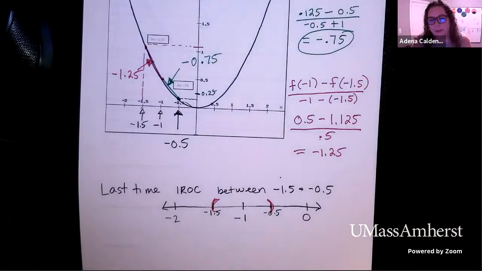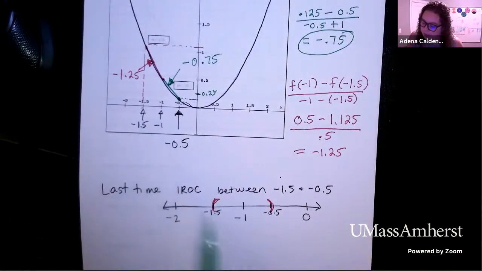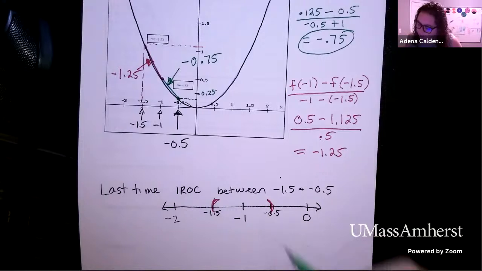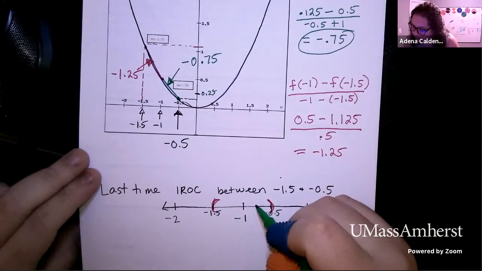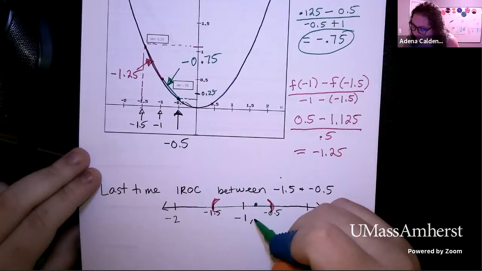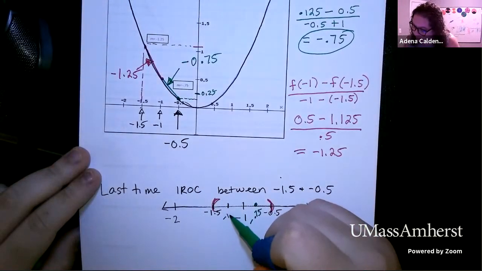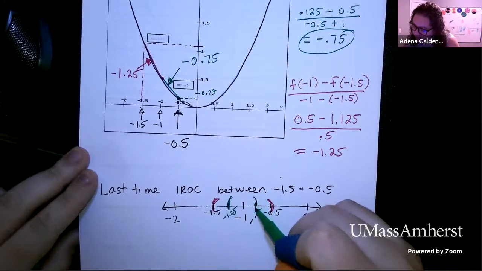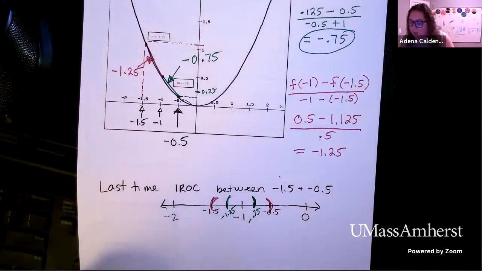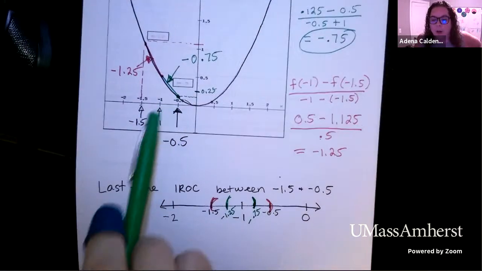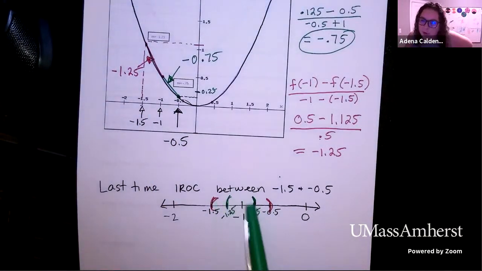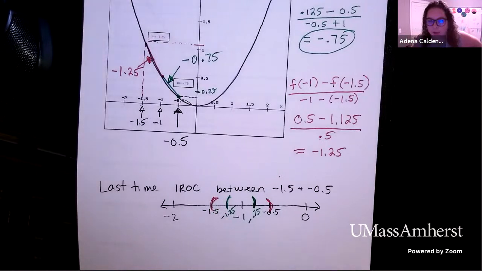If we add in what happened this time by getting closer to -1, now we're saying we have to be between -0.75, which is approximately here, and -1.25. So what we see is that by picking values closer to -1, it gives us a smaller interval where our instantaneous rate of change needs to be. So that means it's a better approximation of what the slope of this line is going to be.